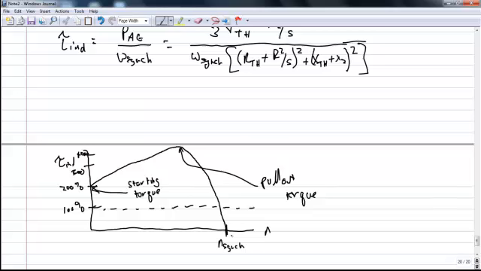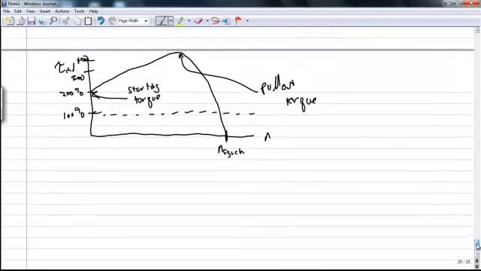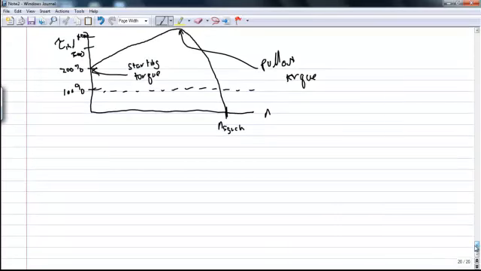So there are some things that we can note about this graph. At the synchronous speed, the induced torque is 0. That's what we expected. We have a linear region. The curve is nearly linear from the no load point to the full load point. There's a maximum torque that we can't exceed.